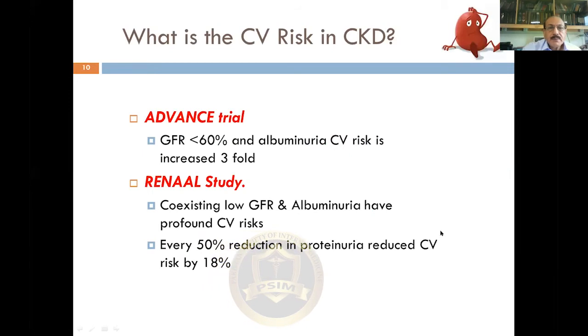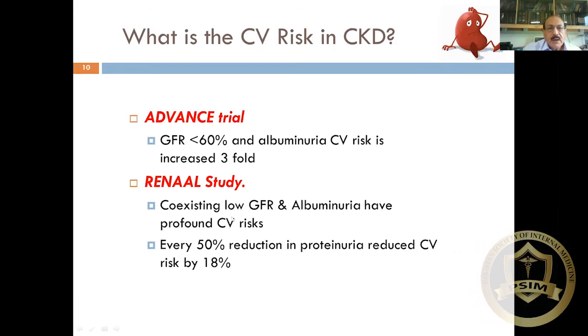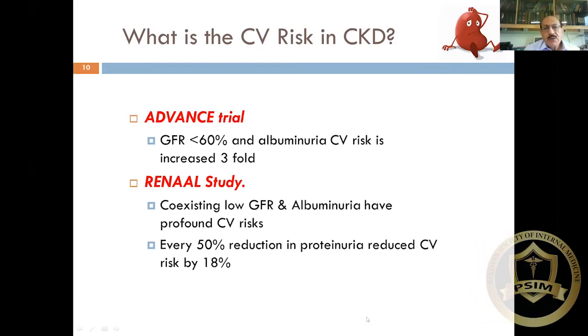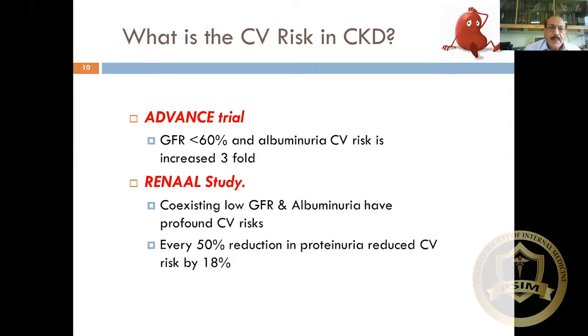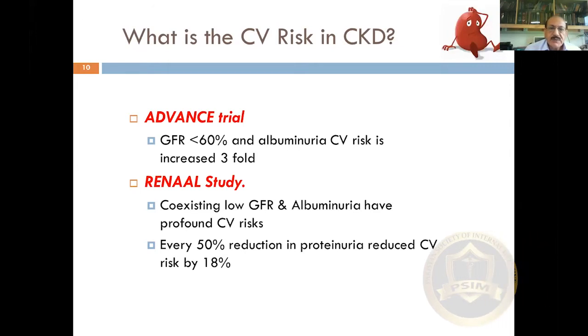And the ADVANCE trial has shown that if the GFR is less than 60 and there is albuminuria, then the cardiovascular risk is increased by threefold. And the RENAAL study also showed that a low GFR and albuminuria have profound cardiovascular risks.